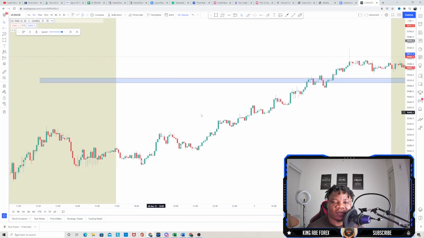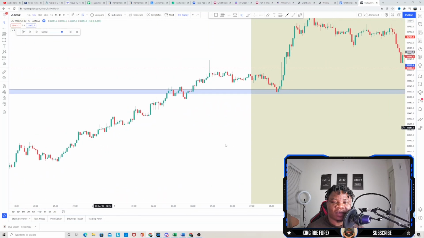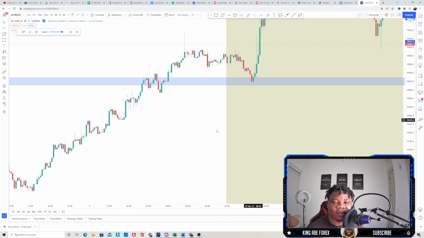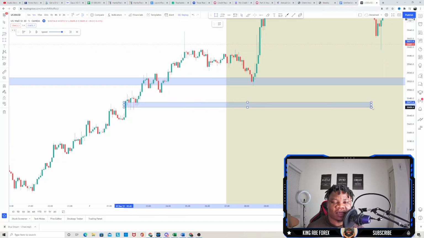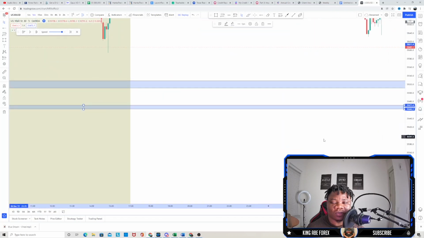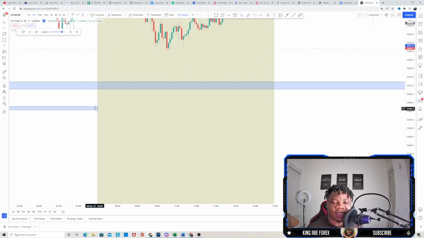Okay, so now that we have that zone over there, we just got to look for another zone. So I can just target this zone over here as my take profit two. I can target this zone over here, the price created previously. So now we have two zones that we can actually target.